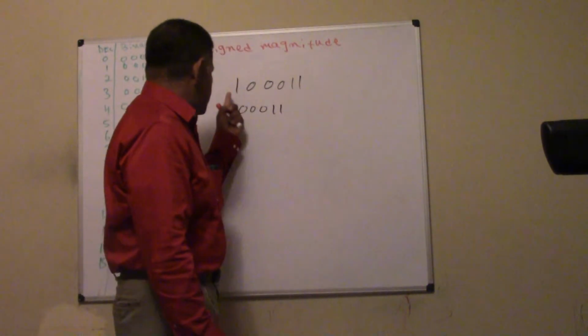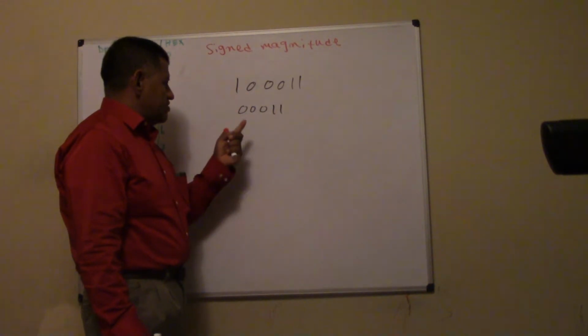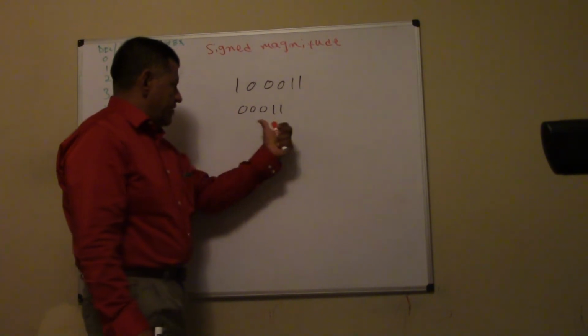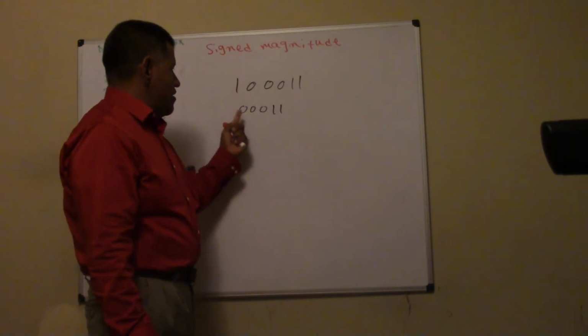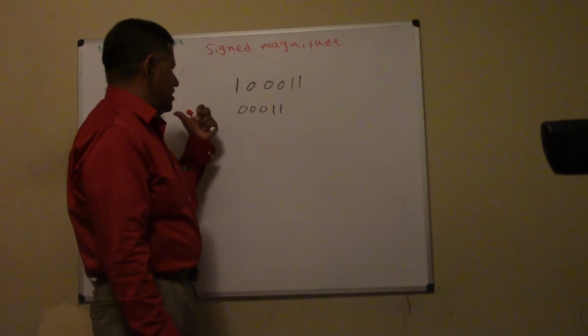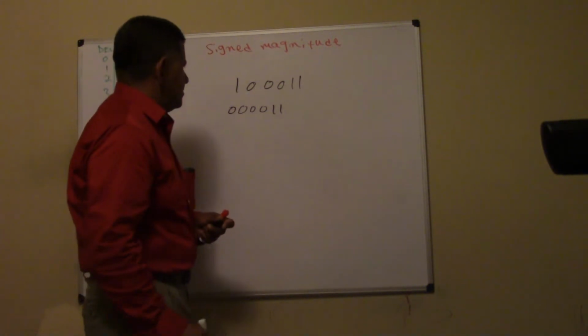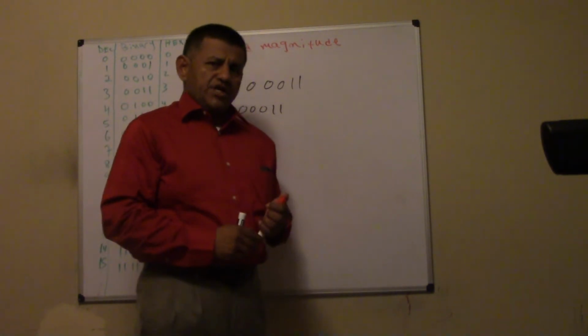If you see a 1 on the leftmost digit, it's a negative, and if you see a 0 on the leftmost digit, it's a positive. So that is not really hard, right?